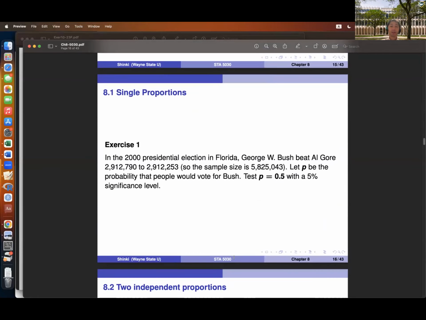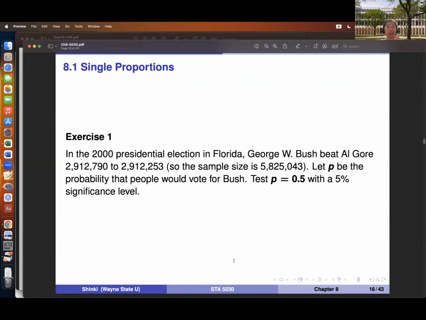The 2000 presidential election in Florida is famous because there was a very small margin between George Bush and Al Gore. The number of votes for Bush is 2,912,790, and Al Gore got 2,912,253.